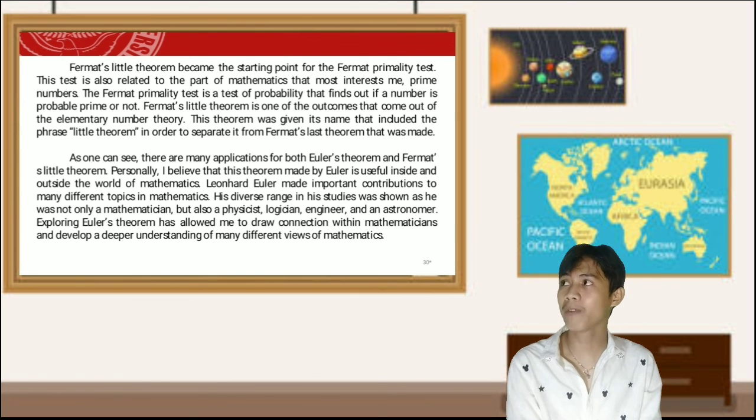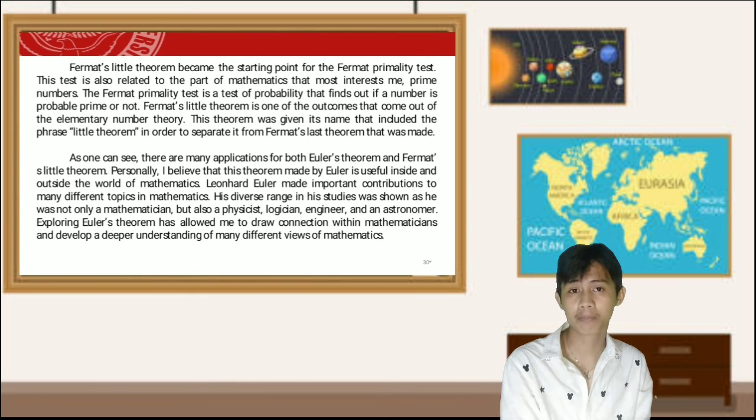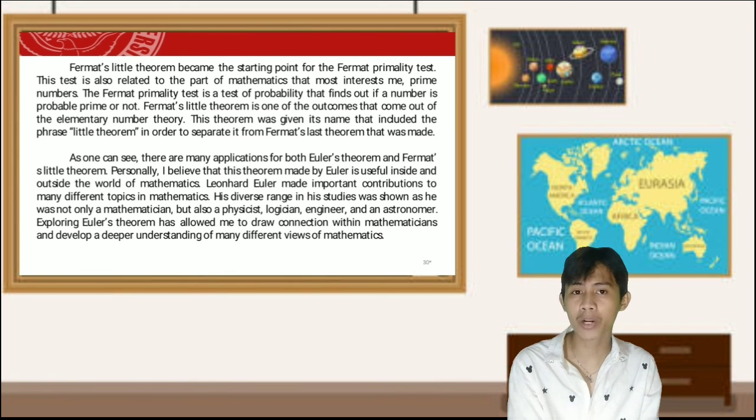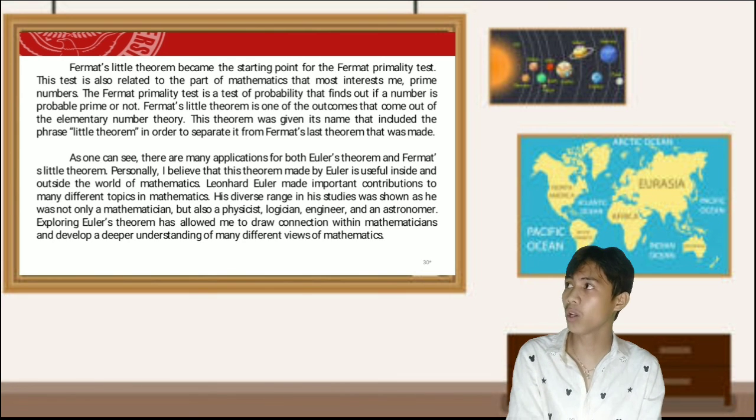It was given the name little theorem in order to separate it from Fermat's last theorem. So as one can see, there are many applications for both Euler's theorem and Fermat's little theorem. Personally, I believe that this theorem made by Euler is useful even outside the world of mathematics.